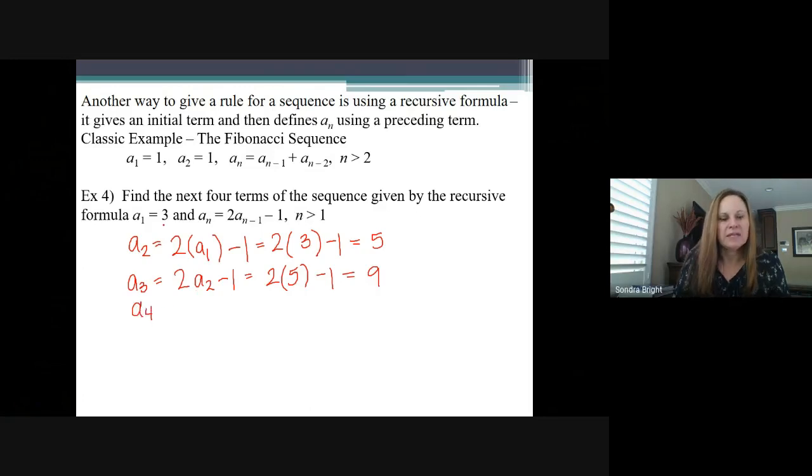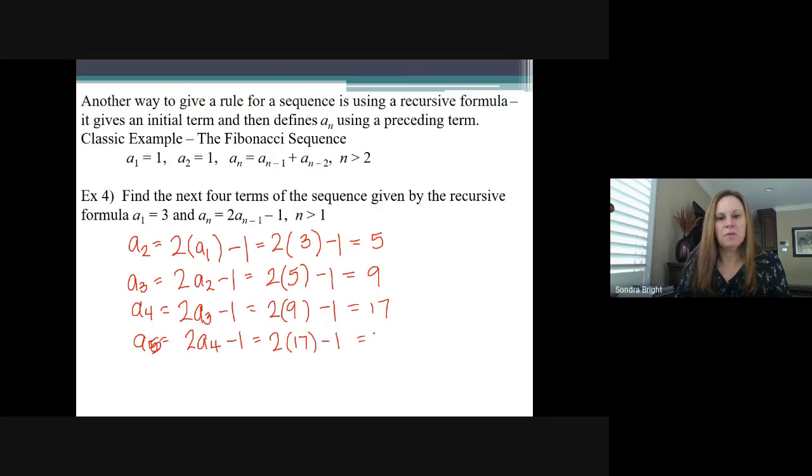How many do we want, the next 4? Okay, so the fourth term will be 2 times a3 minus 1, which is 2 times the 9 we just found. That's 18 minus 1, which will be 17. And then the fifth term, so a5, is 2 times the fourth term minus 1, which is 2 times 17, and then minus 1, which will be 33.